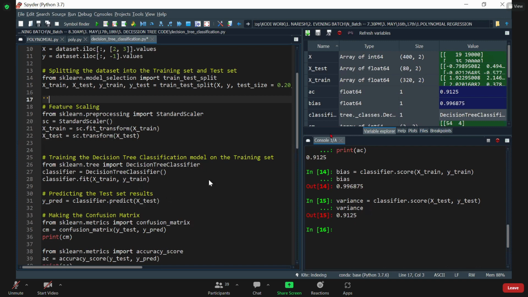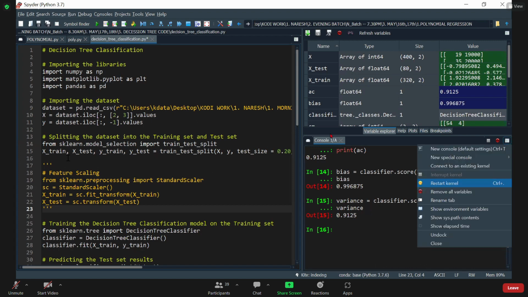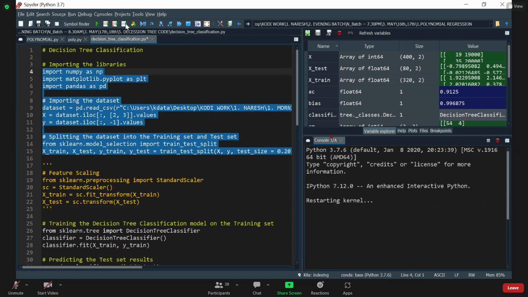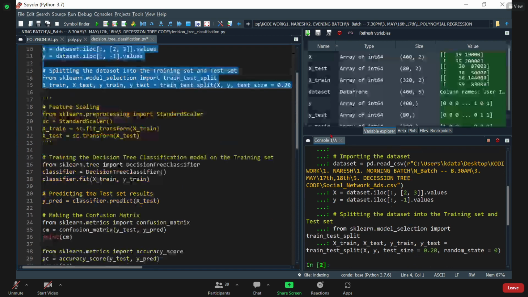I don't want to do feature scaling now. Without feature scaling, let's see. Any hyperparameter tuning? Okay, and let's go to this one.